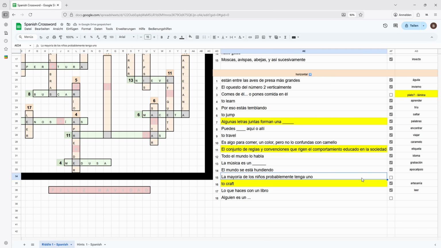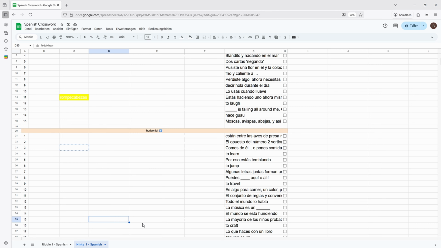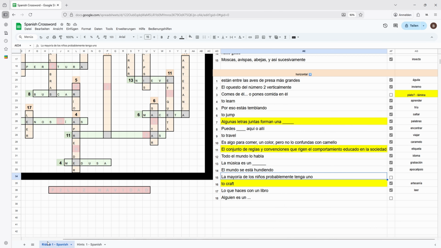La mayoría de los niños probablemente tengo una. What do most of the children have? 15. A teddy bear? Are you kidding me? How should I know you mean a teddy bear? A teddy bear.